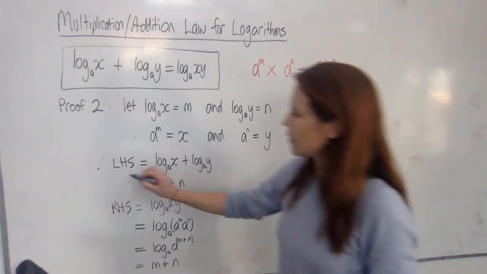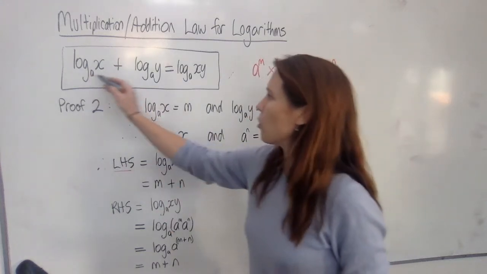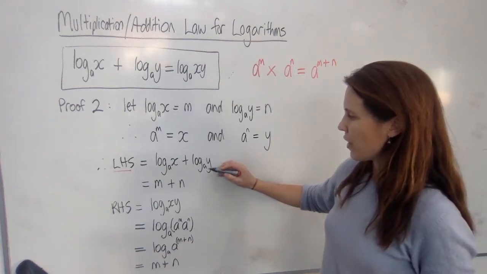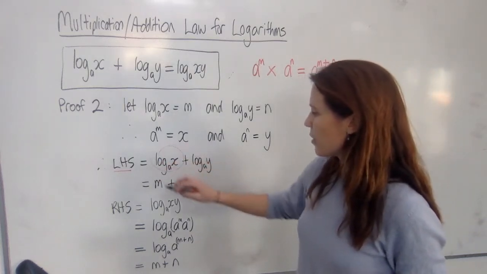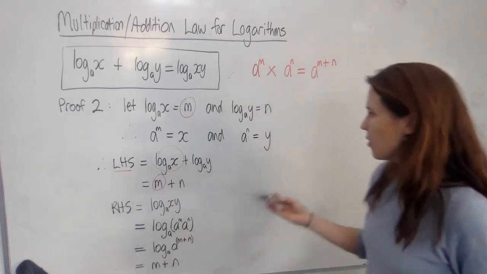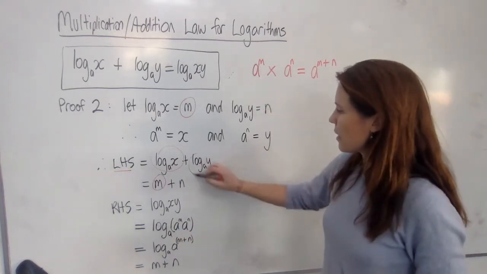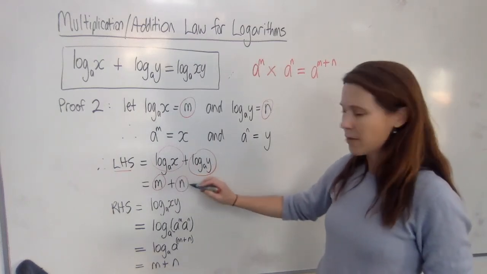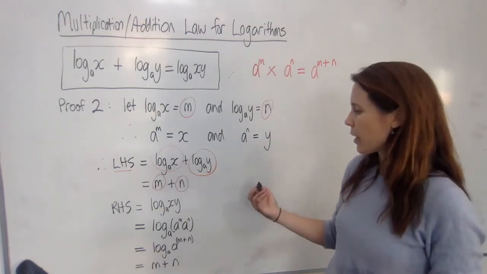Well, let's start with the left-hand side, which is equal to all of this. And now that we have an expression defining what this part is, we've said that's m, so we can replace that with an m, happily enough. We've also said that this part here is equal to n, so we can replace that with an n, and we get m plus n.